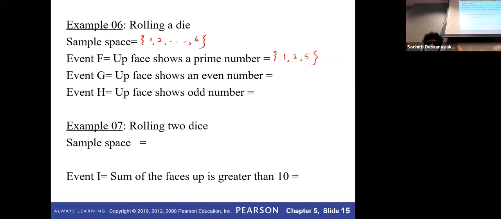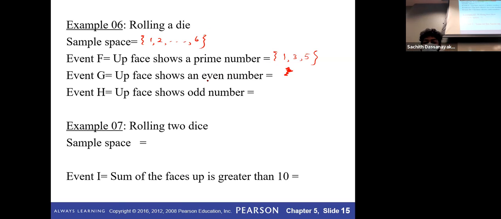Okay. Up face shows an even number. Even numbers are 1, 3, 5. Right? Oh, sorry, that is odd.